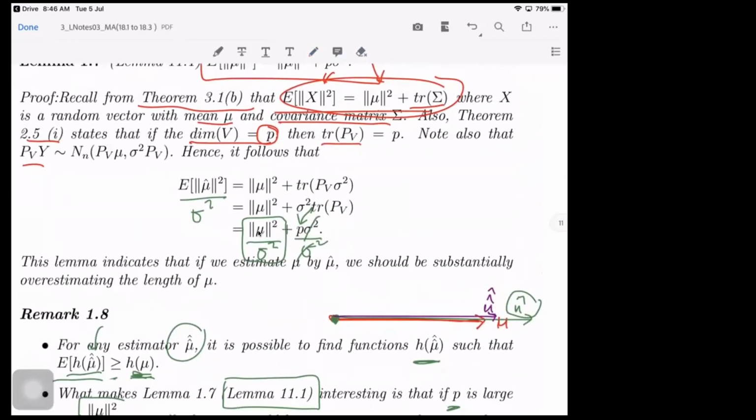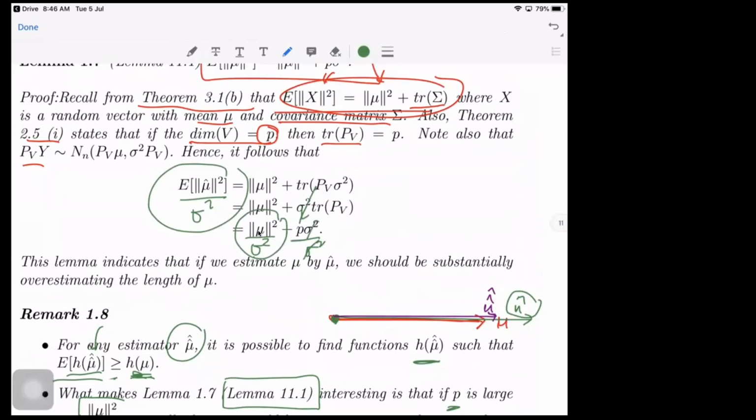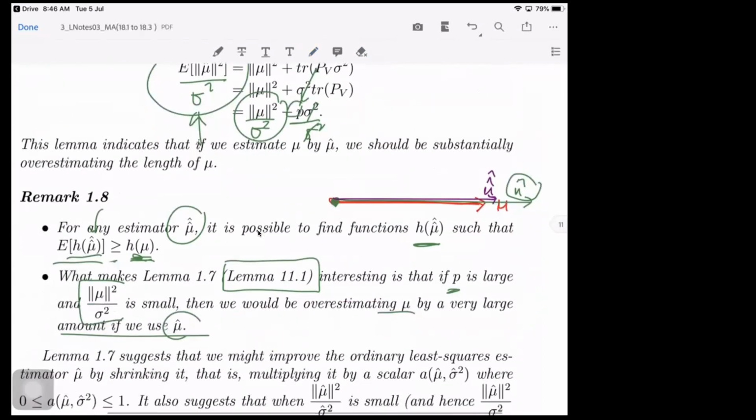So kung dako ang P, ang expected value of the length, bisan pa i-standardize nimo with sigma squared, it's still large because P is large.